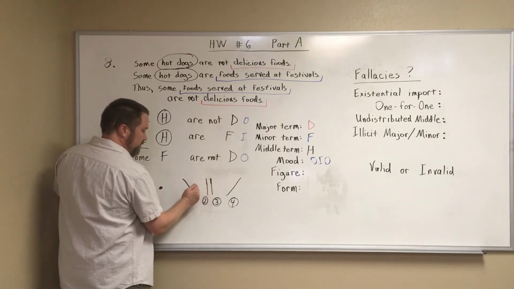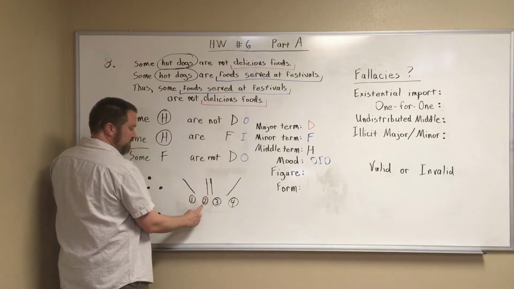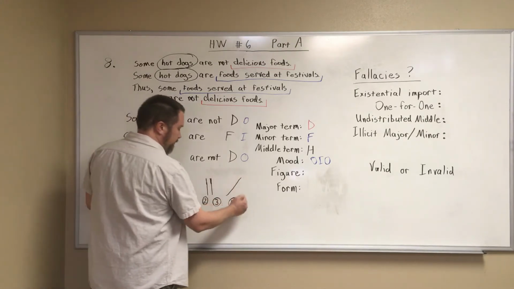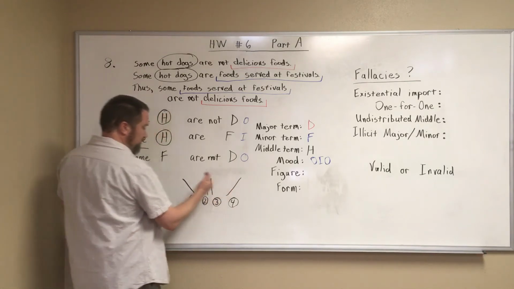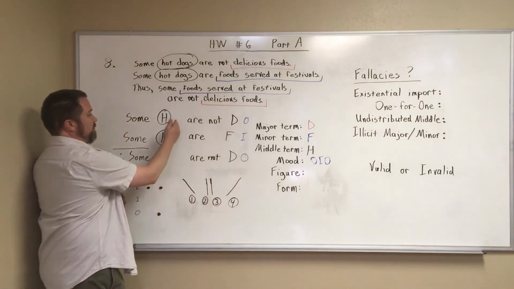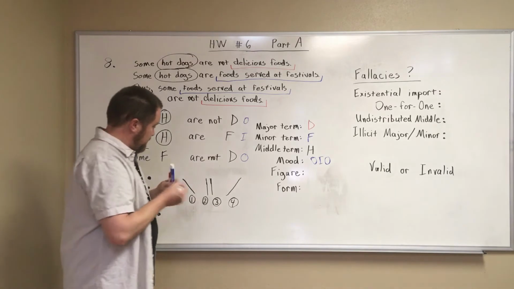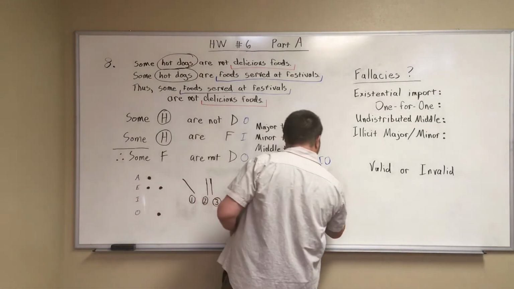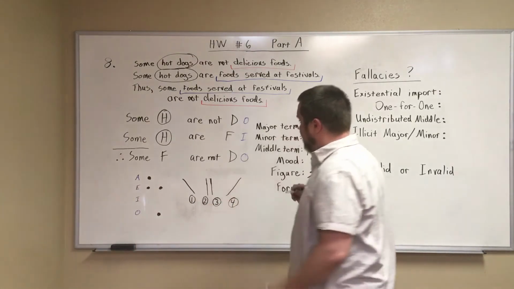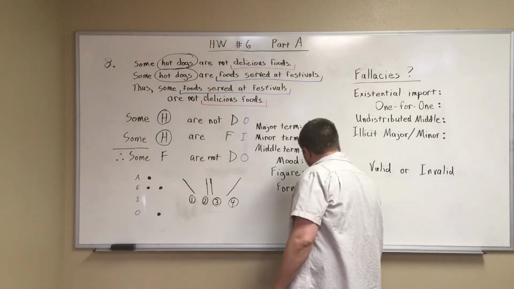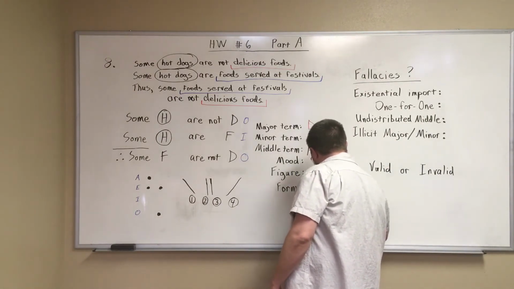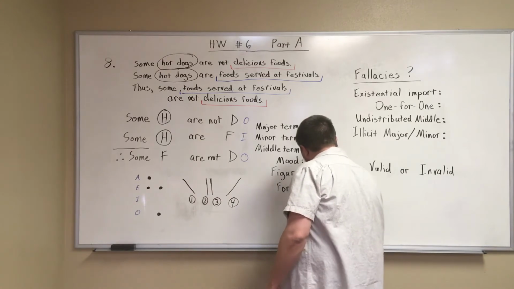So in the second figure, both of the middle terms would have to be on the right. In the third figure, both of the middle terms are on the left, which they are here. So this is going to be figure 3. Put those together and we have the form OIO-3.